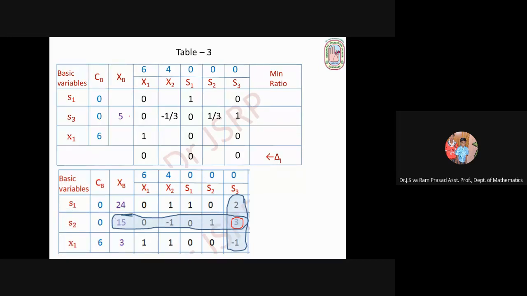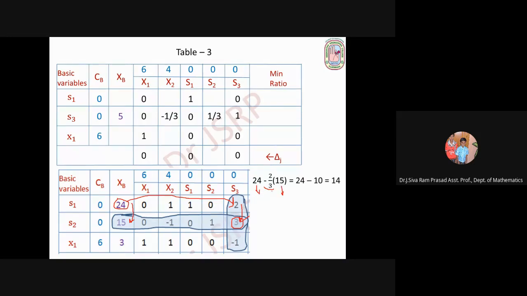Present value 24 minus pivot column element 2 by pivot element 3, into the pivot row element. The corresponding pivot row element is this one. So here 24 minus 2 by 3 into 15. This part, minus 2 by 3, is fixed for this row calculation. You just change this value and this value.